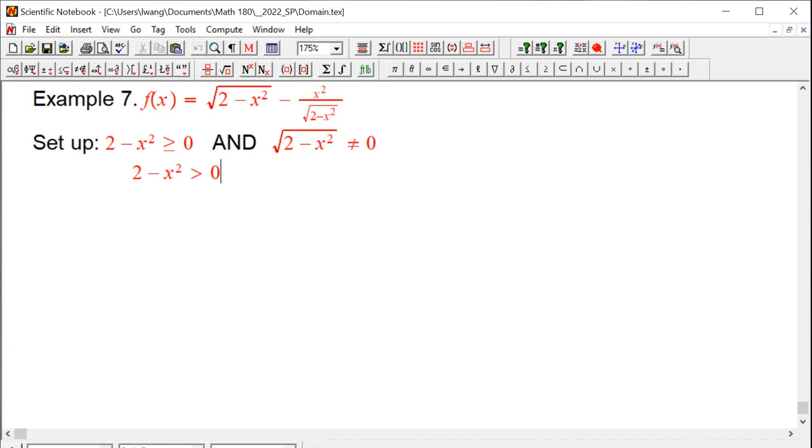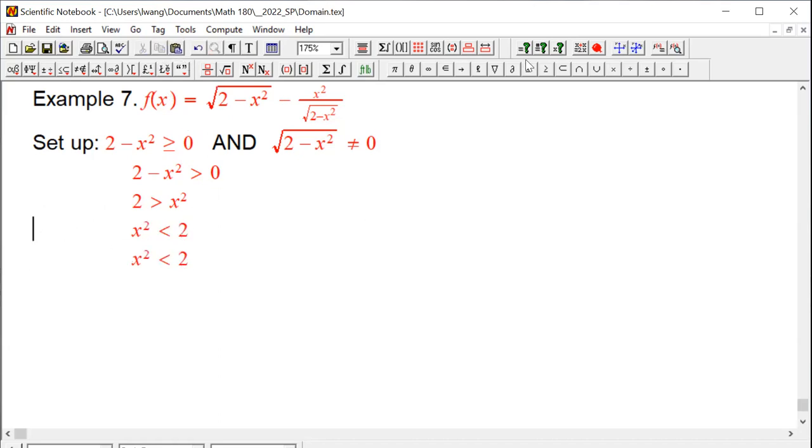Okay, so now you end up solving this inequality. Then you add x squared, so you have 2 larger than x squared. Okay, take square root on both sides. If you like to write it this way, that's fine too. It really doesn't matter. And then you take square root on both sides.